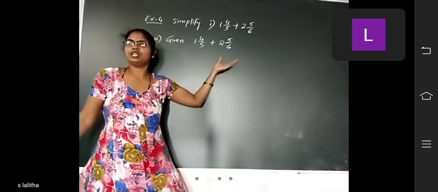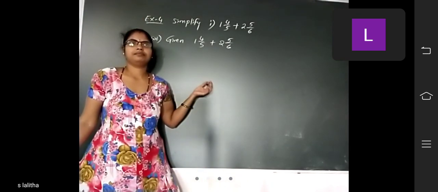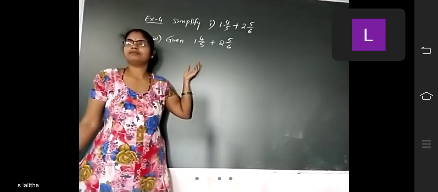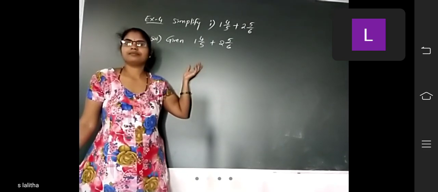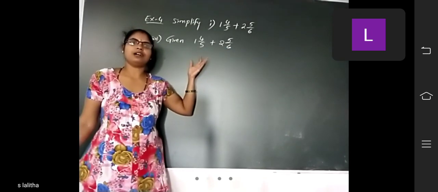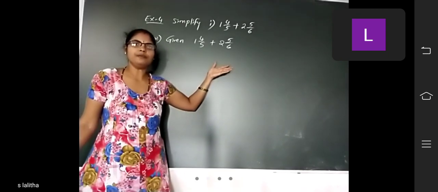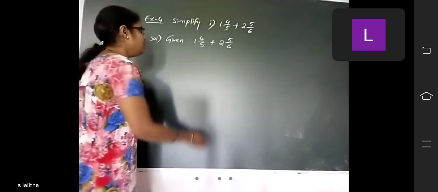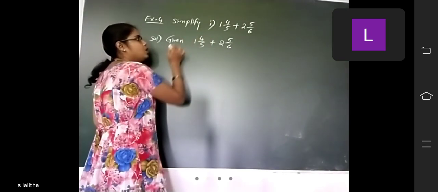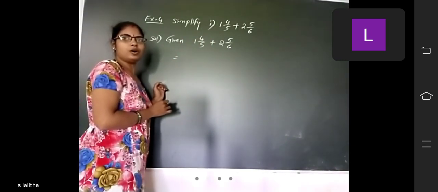Here which type of fractions given? Yes, mixed fraction given. So first you have to convert mixed fraction into improper fraction. How to convert? 5 ones 5, 5 plus 4, 9.